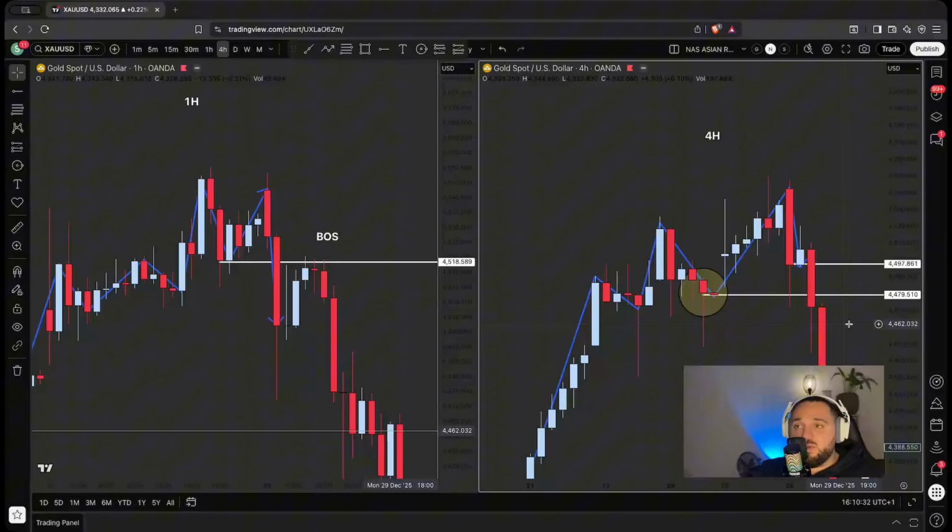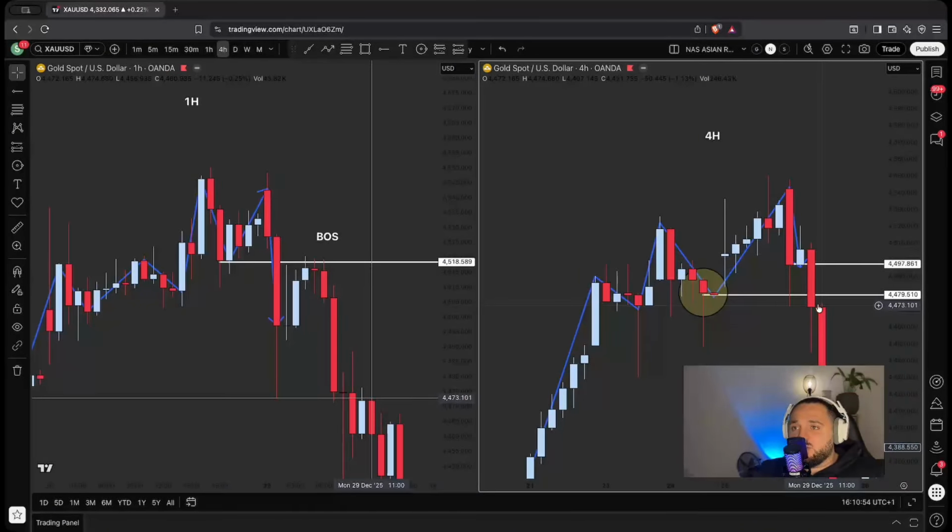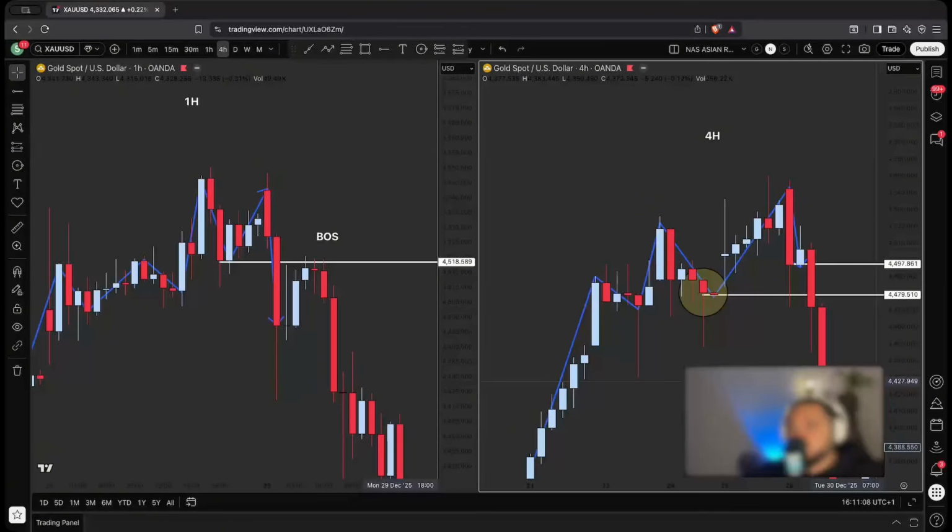And for the members of my playbook, we call this an indecision zone. You can get more into the indecision zones inside the playbook, but for this session, we are going to stick strictly to market structure. So before the price comes down and closes under this break of structure, and both time frames are on the same bearish market structure, there are no trades that we can take.